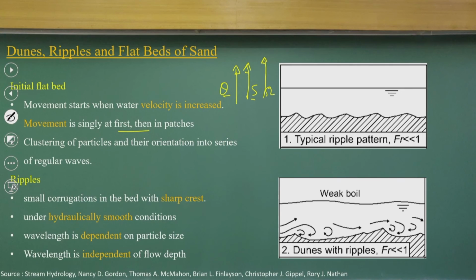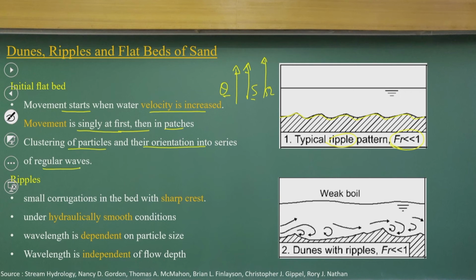When the flow Froude number is much less than 1, you will have bed forms with very small amplitudes, and the thickness is not large. The sand particles will make small ripples. Ripple patterns will form as the velocity increases and movement starts, and that makes patches, and the clustering of particles orients to make a series of ripple waves.